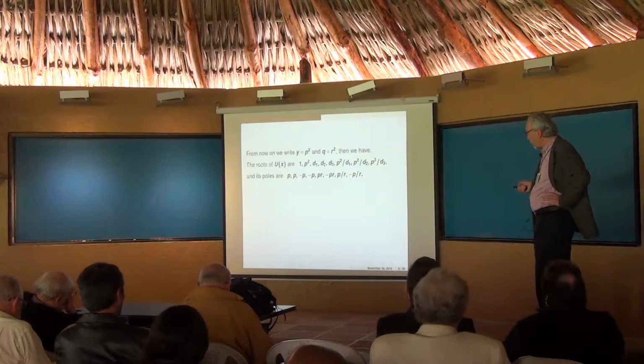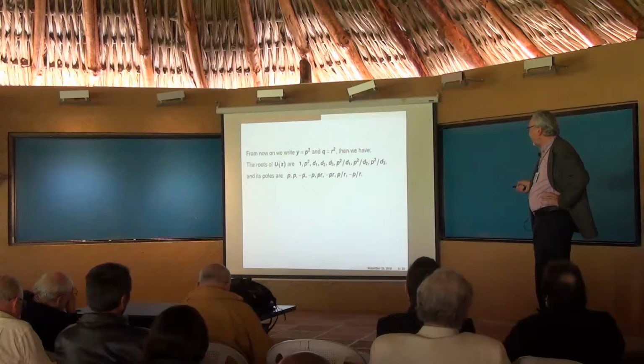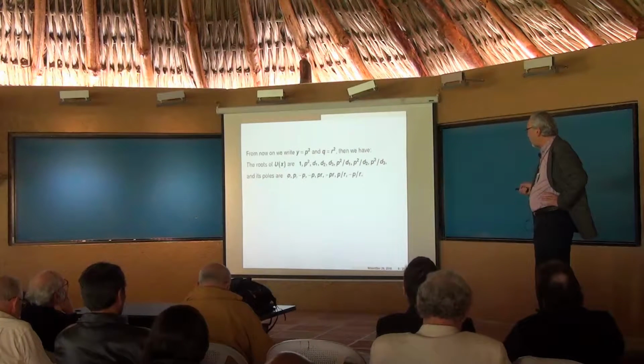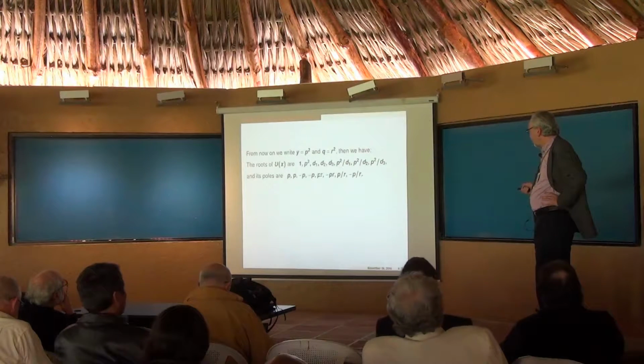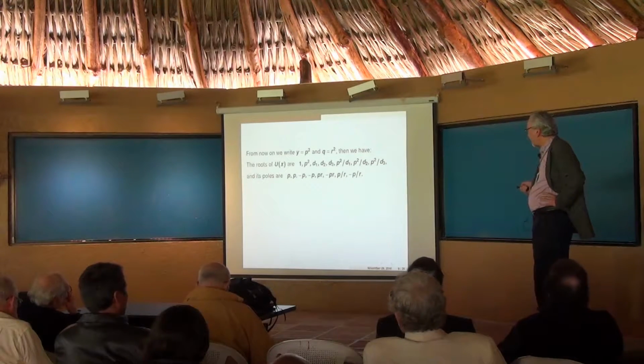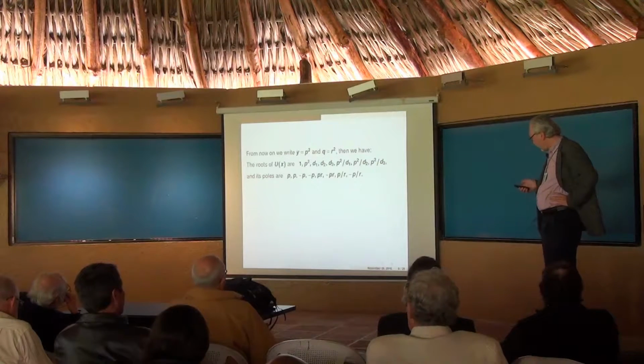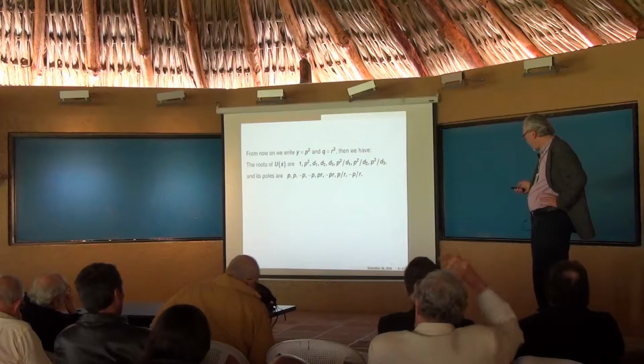Because if we want to describe the roots of the polynomial of the rational function u, we have these 8 numbers, and the poles are p, that is a double root, minus p, another double root, and p times r with plus or minus sign, and p over r, and minus p over r. So that's why I'm using y and q as the square of something. It's easier to describe the zeros and poles.